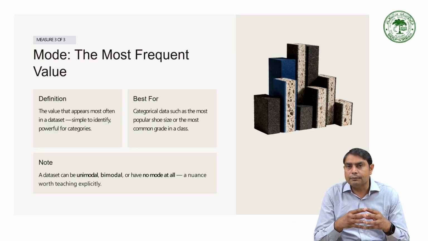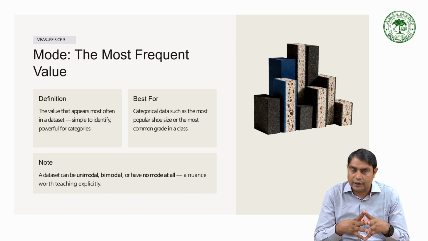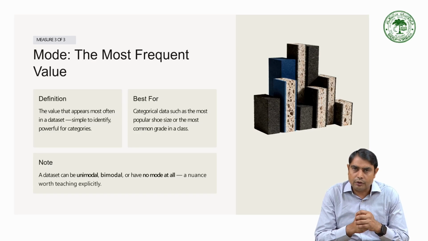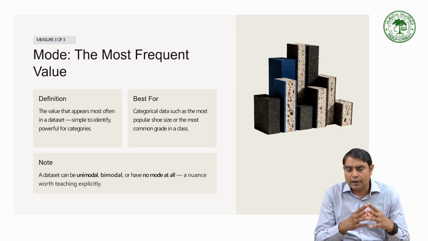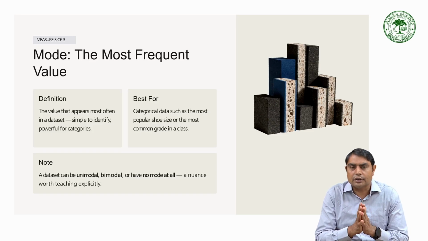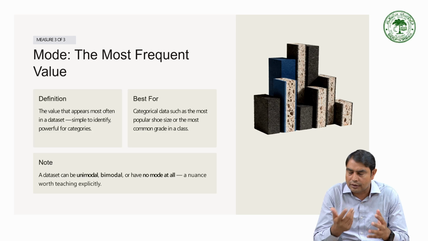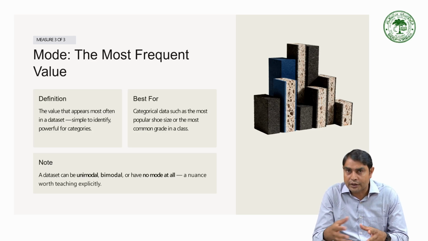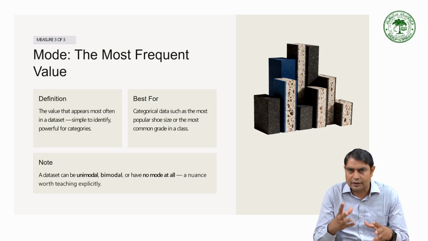Another thing is it is very good for dealing with categorical data, even nominal data. Obviously, nominal data is a part of categorical data. Categorical data such as the most popular shoe size, best shirt size, or most demanded suits, for example, and other things where you are more concentrated on the numbers.